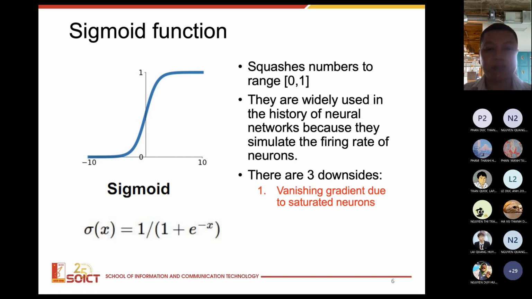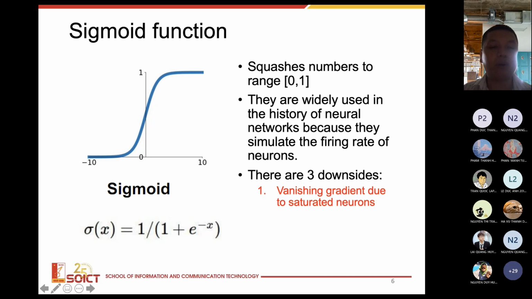First, we discuss a little bit further the sigmoid function. The sigmoid function outputs a number in the range from 0 to 1, right?